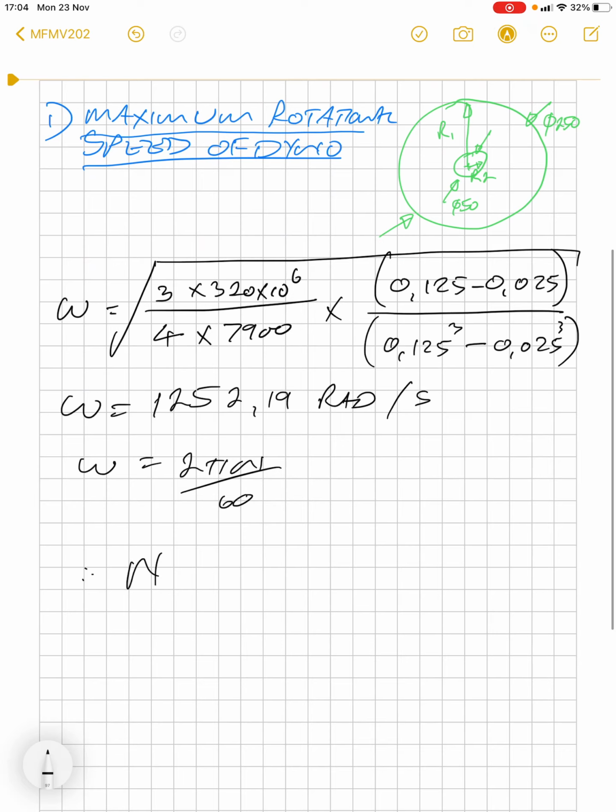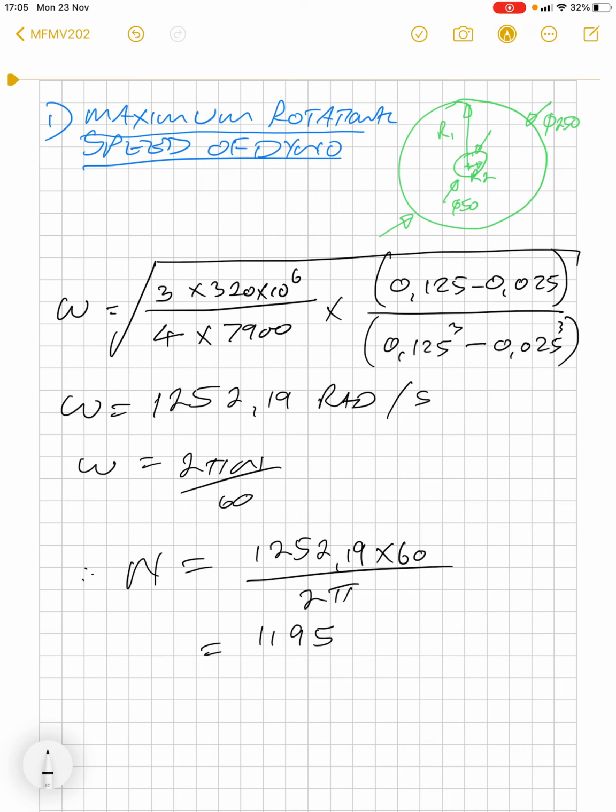Therefore, n is equal to 2.19 times 60 over 2 pi, or 11957 revolutions per minute. Alright, so that is the first question.